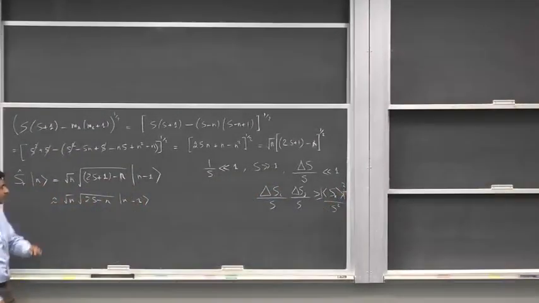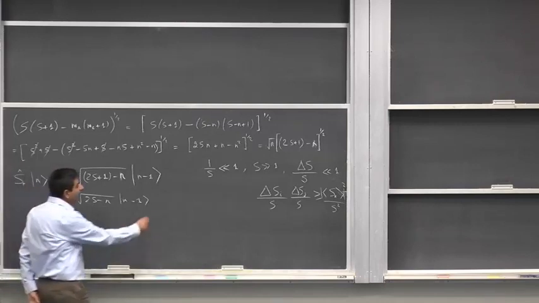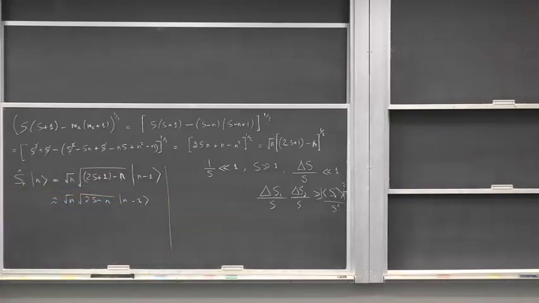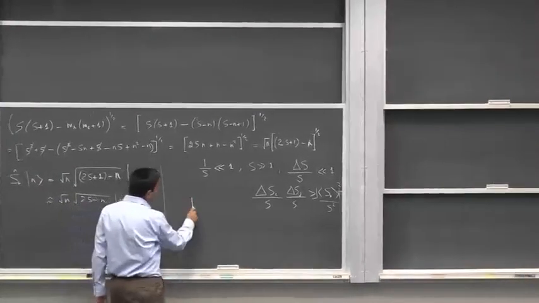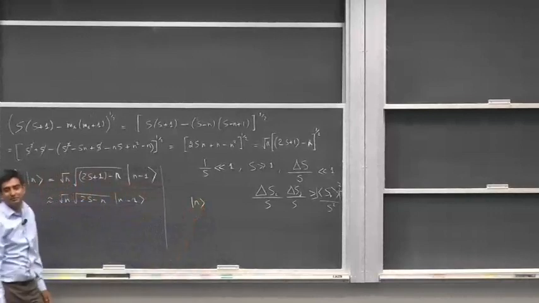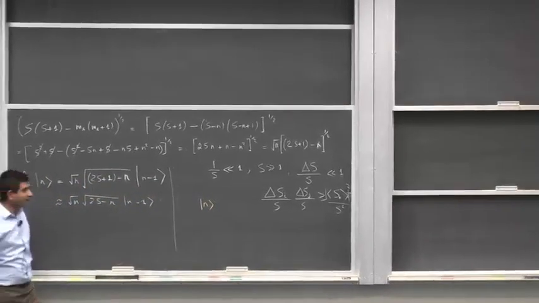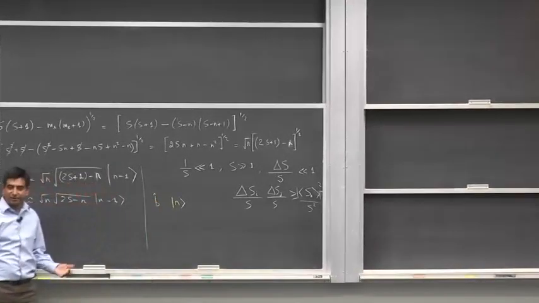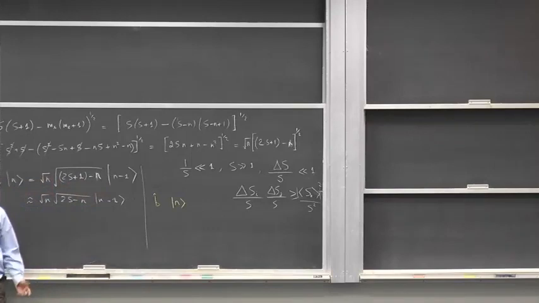Now when I have this kind of relationship, I know that if I have n bosons inside the system, and from this I would like to decrement the number of bosons, this I could do using an annihilation operator. So I already know certain relationships for the creation and the annihilation operator. So if I have n bosons in the system, then I could apply the annihilation operator on this state.